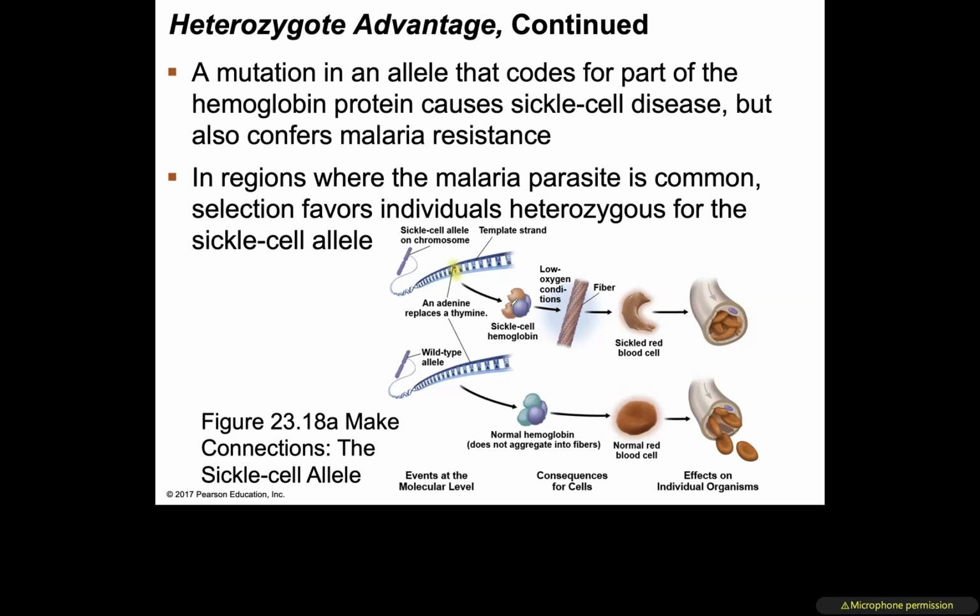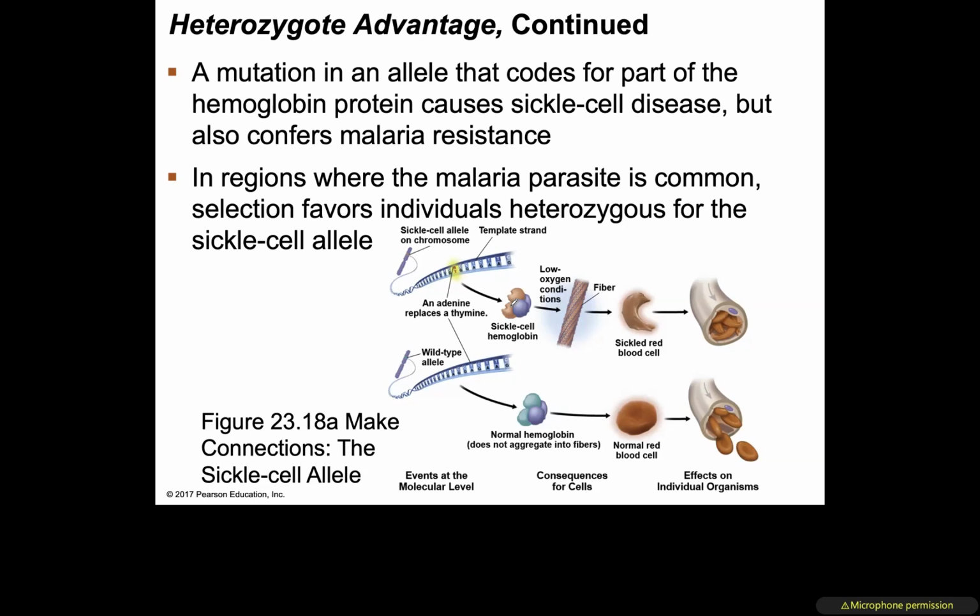But when those individuals go into an area of malaria, those that have two dominant alleles for non-sickle cell tend to get malaria easier. Whenever they get infected with malaria, they usually die from it if it's not treated.